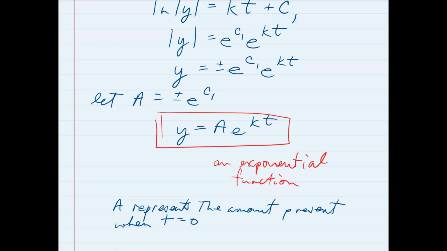I'm sure you've encountered this when you've done radioactivity problems in a science course or in a math course. a is often also known as y0, or y naught, the initial amount.